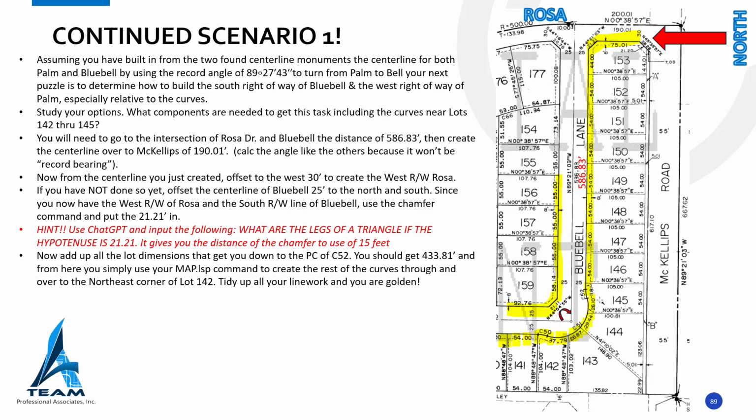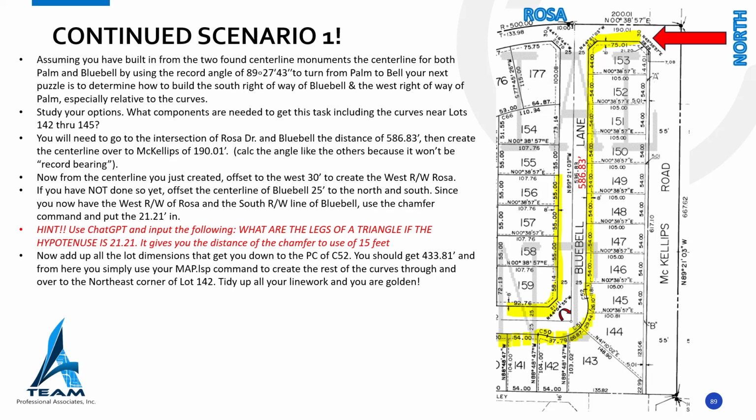They forget that part, they're not paying attention to details. So be very careful. That is a tangent line coming right to this point right there, not the property line. Okay, now the 54, 54, that's from property line to property line. That's why. So you would add all that up, you should get 433.81.